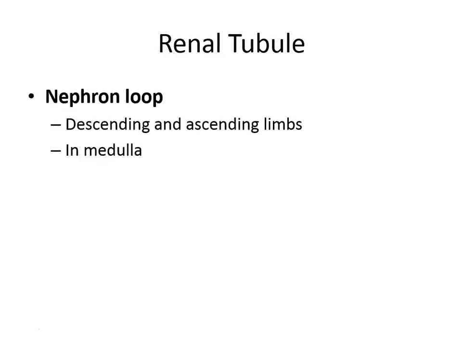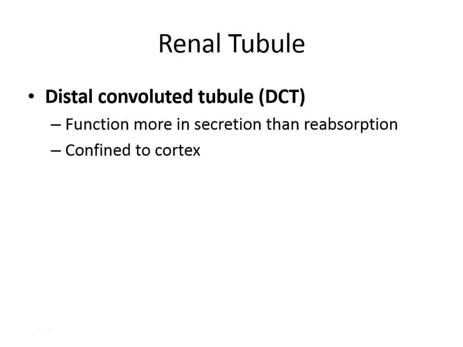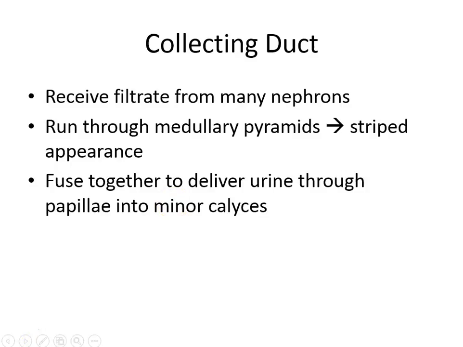Then we've got the nephron loop. And last, the distal convoluted tubule. And so by this point, we've hopefully reabsorbed everything we wanted to keep, mostly. So it's going to be more about secreting waste that we want to get rid of. And then that distal convoluted tubule from each nephron is going to dump into a collecting duct.